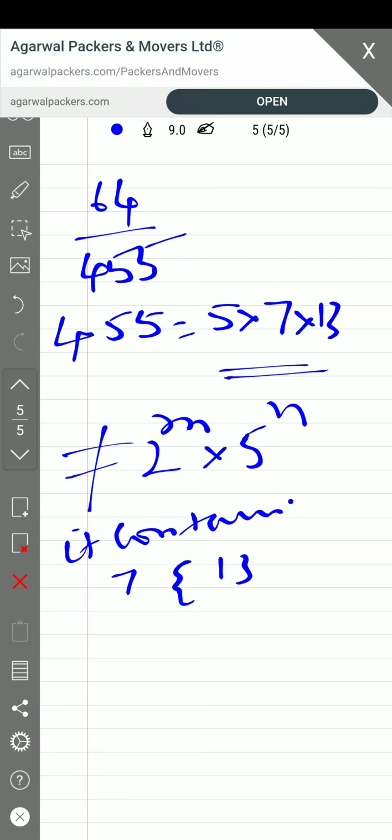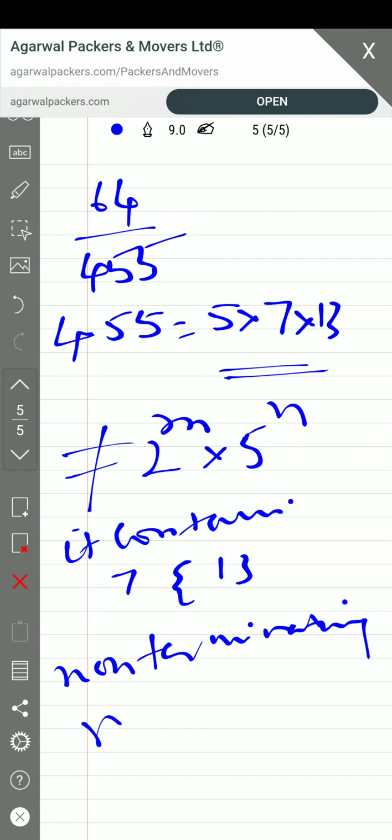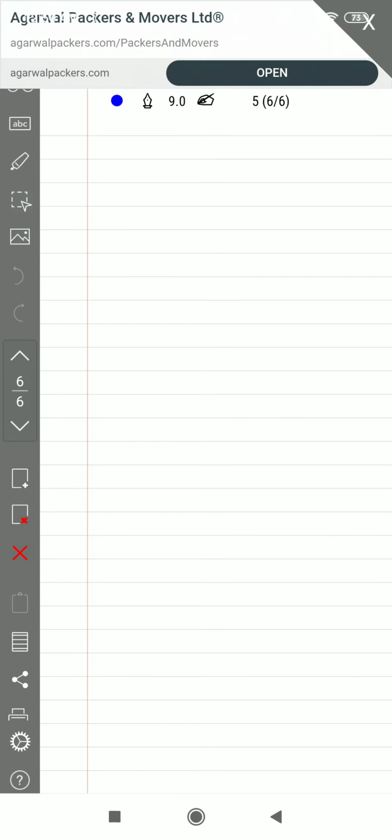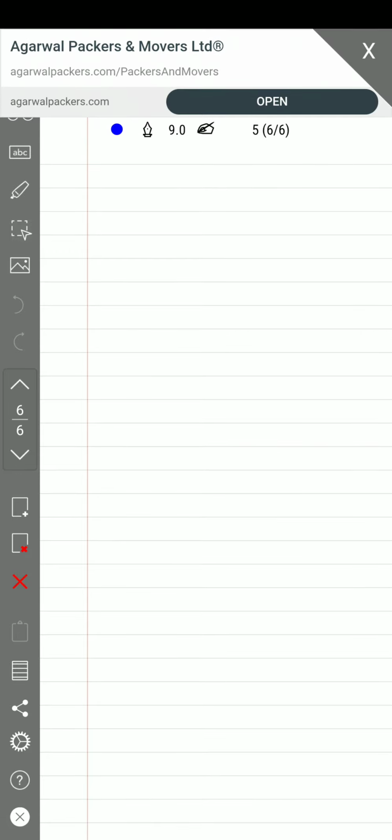Therefore this expression will be non-terminating and repeating. It goes on repeating, but it will not terminate. Non-terminating repeating can also be written in the form of p by q.